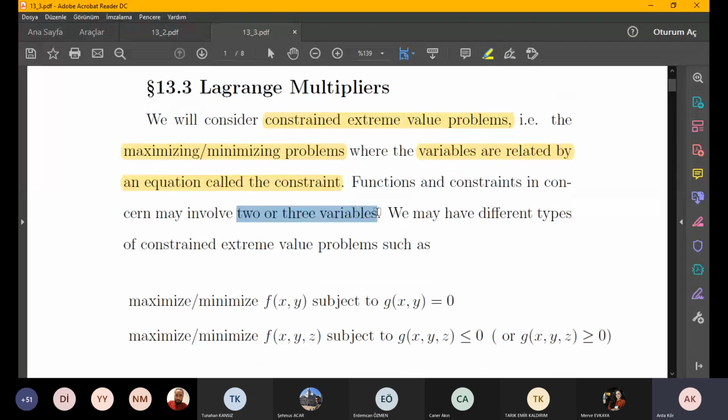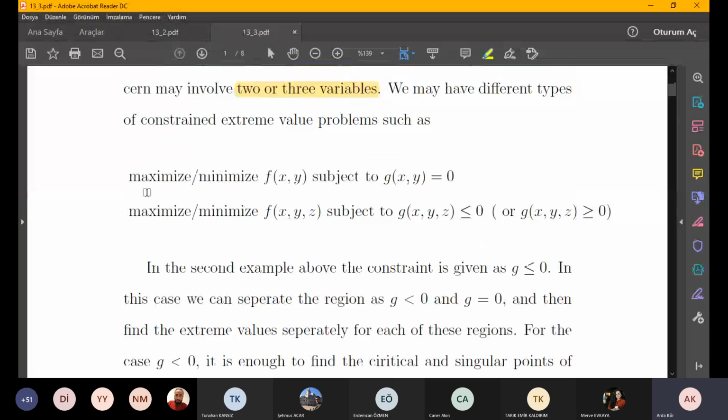For example, maximize or minimize any 2 variable function subject to the constraint g(x,y) equals 0, or maximize or minimize a 3 variable function subject to the constraint inequality g(x,y,z) smaller or equal to 0, or it can be greater or equal to 0.